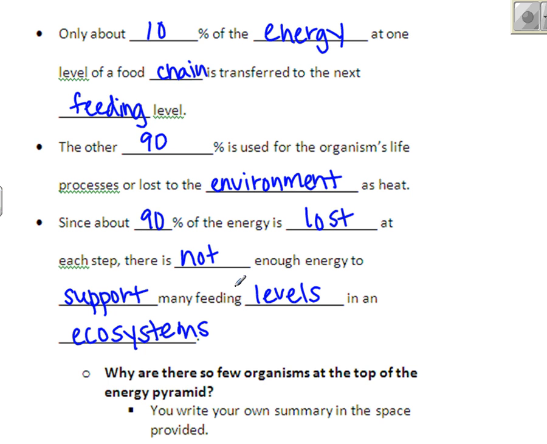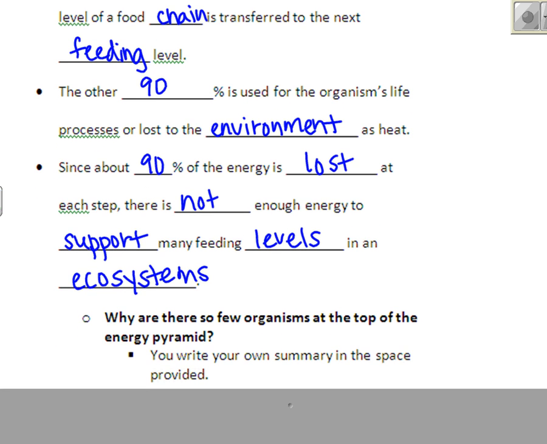Because if you think about how much energy there was to start with your producers, and as it decreases by 90%, that 90% is lost every time, and only 10% is passed on to the organism that's eating the other organism, there's not a lot left when you get to the top. So that's why there's not a lot of feeding levels, and it only goes up to maybe 3 levels.